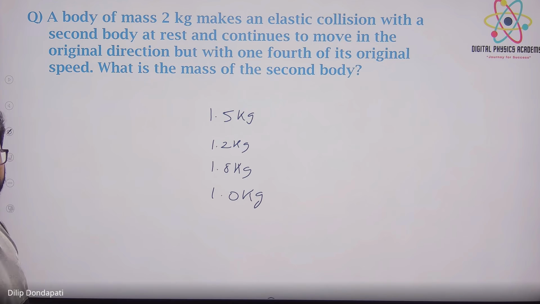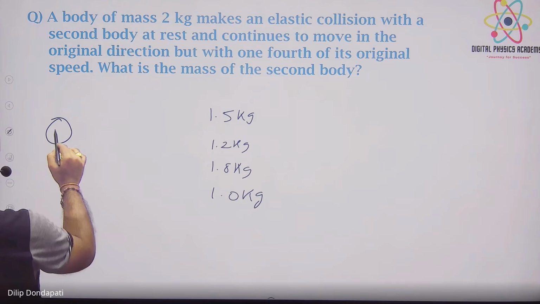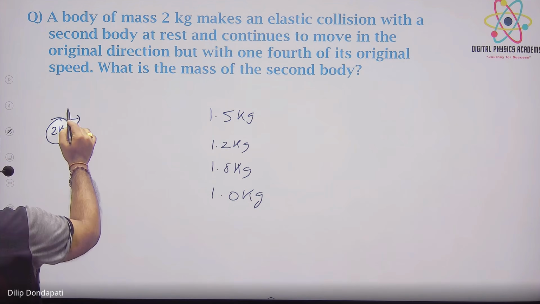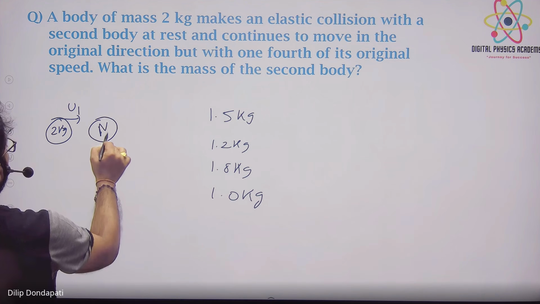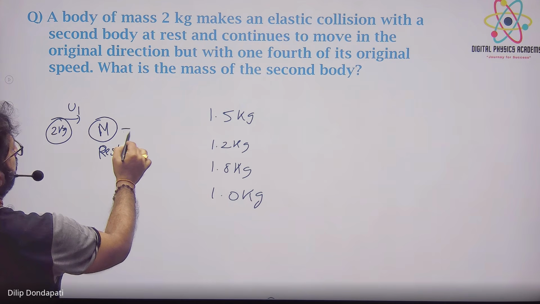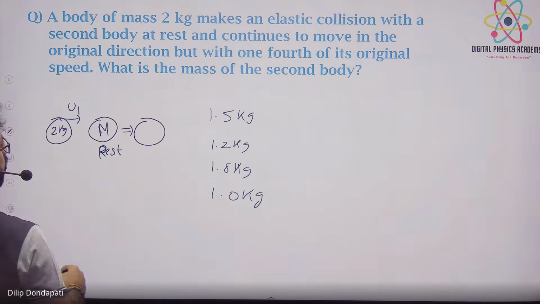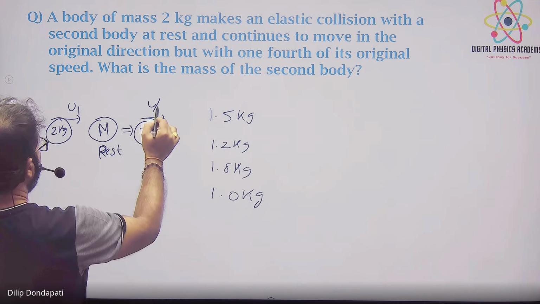Let's say capital M is at rest. The 2 kg mass is moving with velocity U1 and continues in the original direction with U/4.